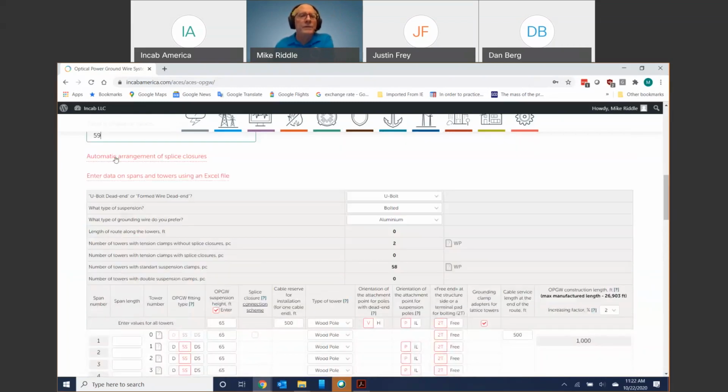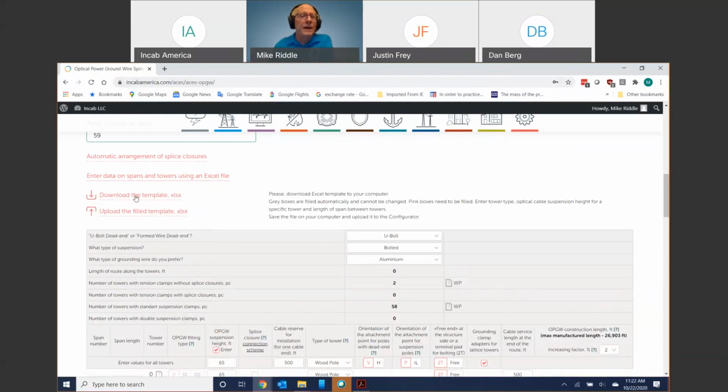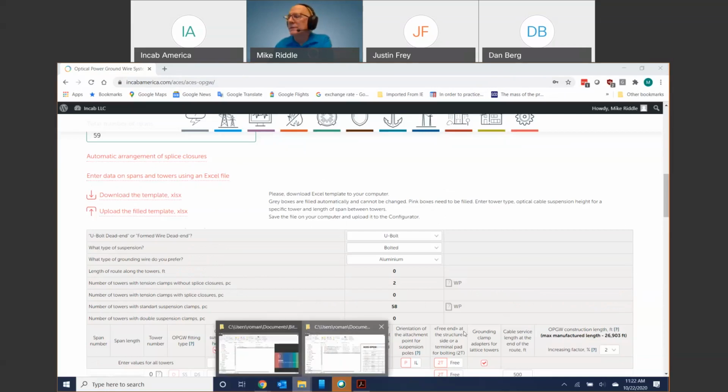Automatic arrangement of splice enclosures will just be based upon real lengths, and it will say, you know, you need a splice point here, here, and here. You can control all of that and also download a very simple Excel template, which I will show you in a minute, and fill it in. And like I say, I did that already. So let's look at that.